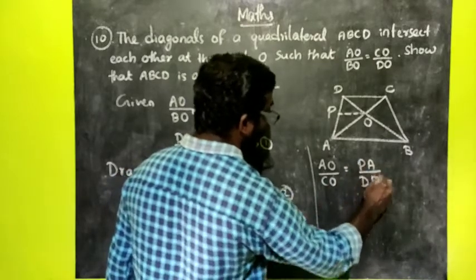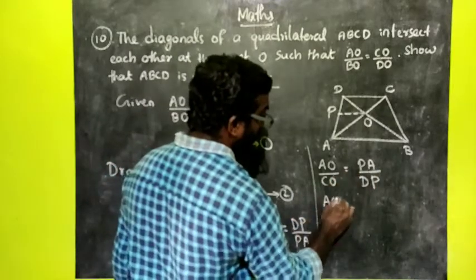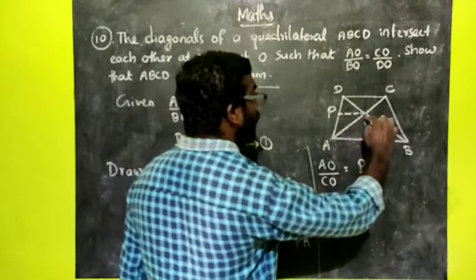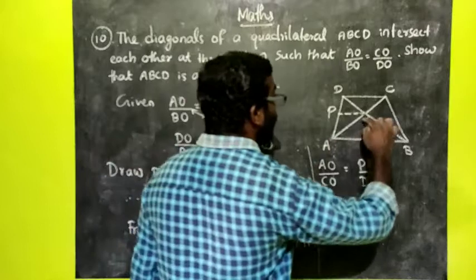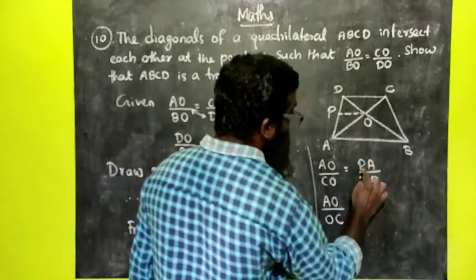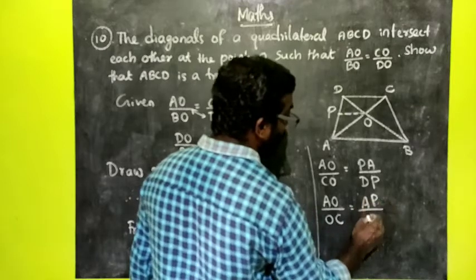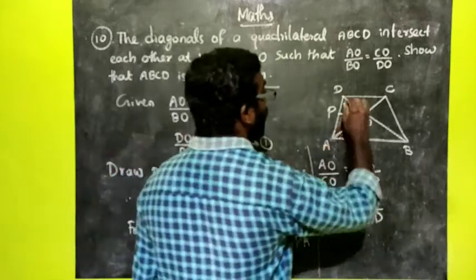Okay, you can rearrange the terms. AO by CO can be written as AO by OC, CO and OC both are the same. We write AO by OC, which is equal to PA, which can be written as AP, then DP, I write it as PD. Okay, now look at this triangle.